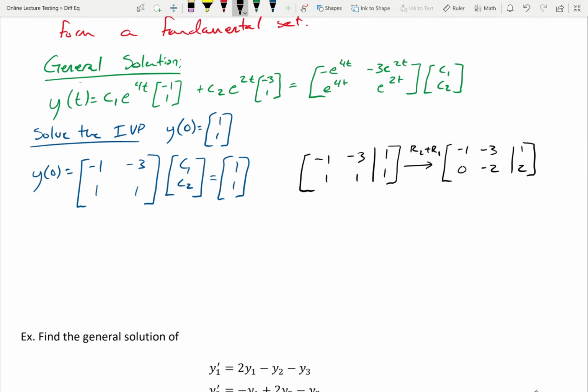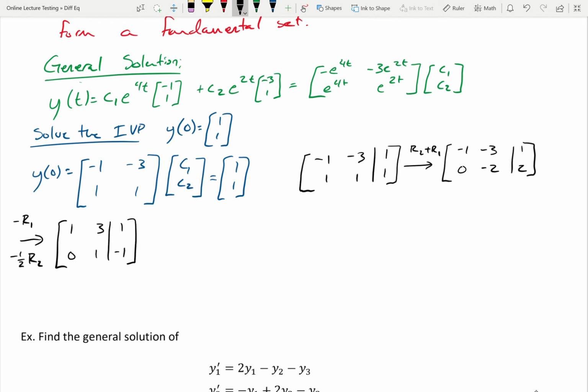Let's simplify, where we're going to change the negative 1 here to a positive 1, and change on row 2 the non-zero term into a positive 1 as well. So I'm going to do negative row 1, negative 1/2 row 2. So that leaves me 1, 3, 1, 0, 1, negative 1.